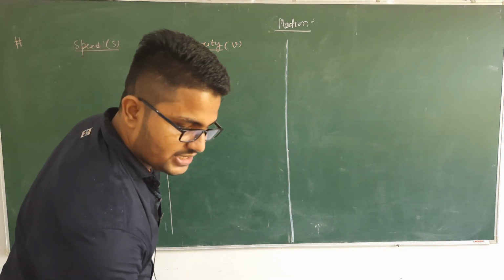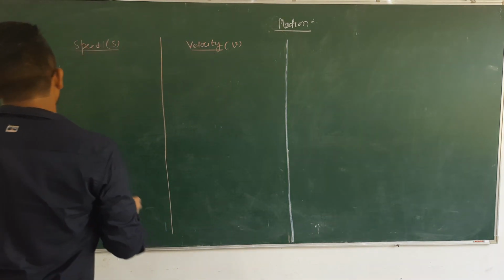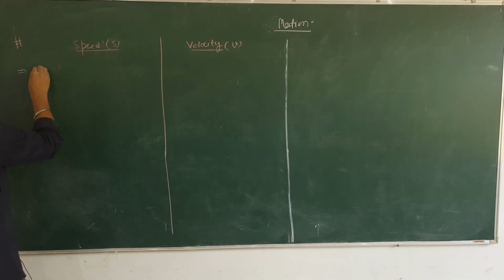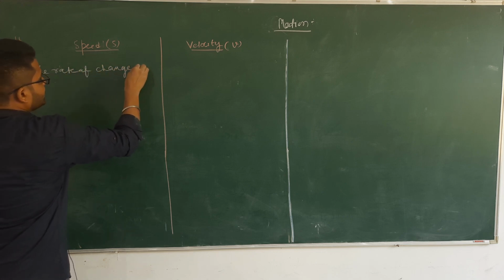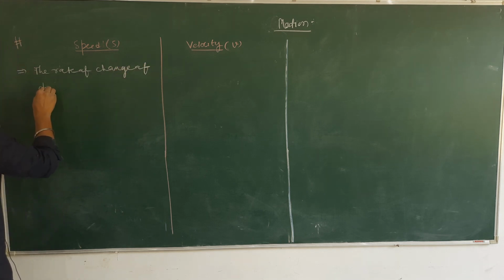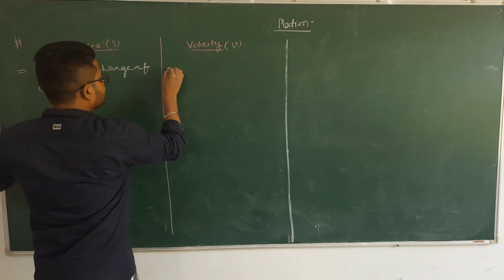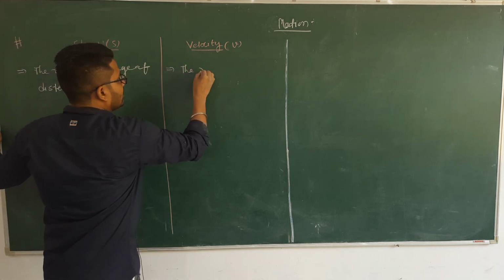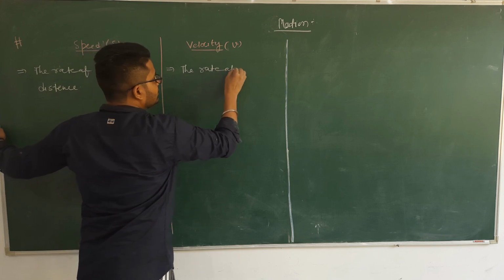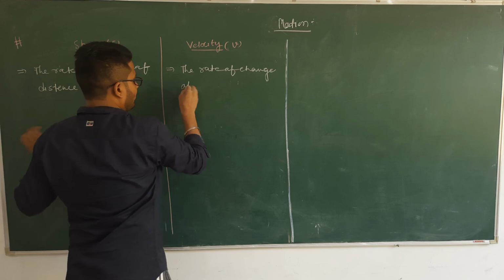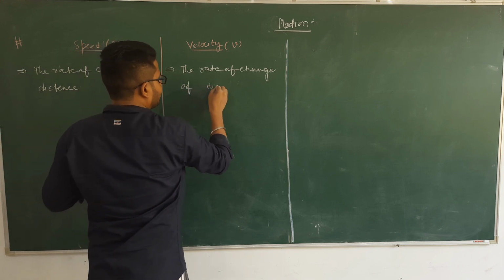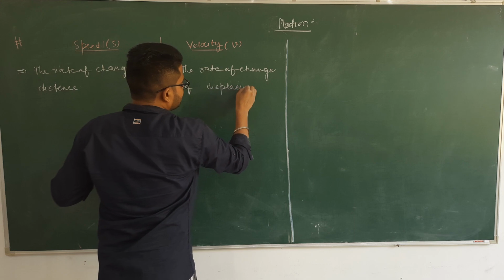So what is speed? Speed is the rate of change of distance. What is velocity? Velocity is the rate of change of displacement.